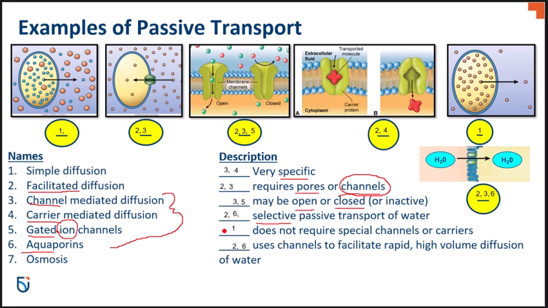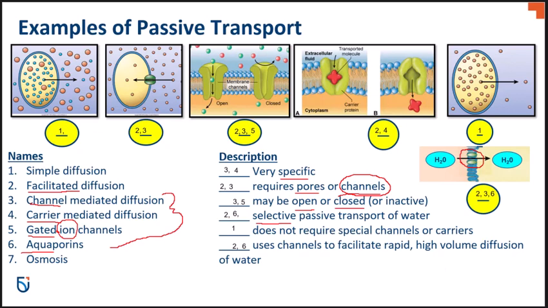Because normally we couldn't get a lot of water in the cell unless there was a pore that would allow it to enter, because we know that water doesn't pass through a lipid membrane very easily. And so this here is an example of an aquaporin that allows specifically the movement of water through it.